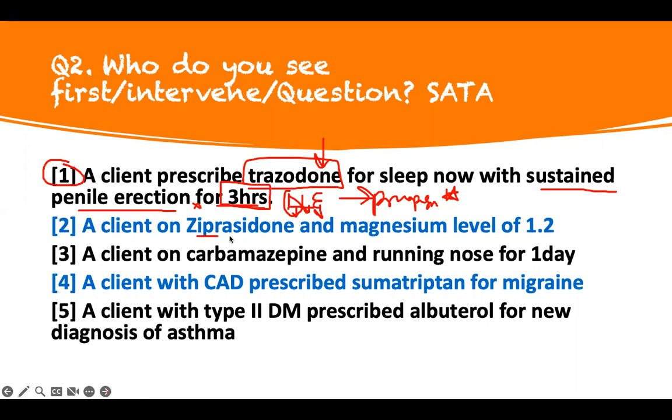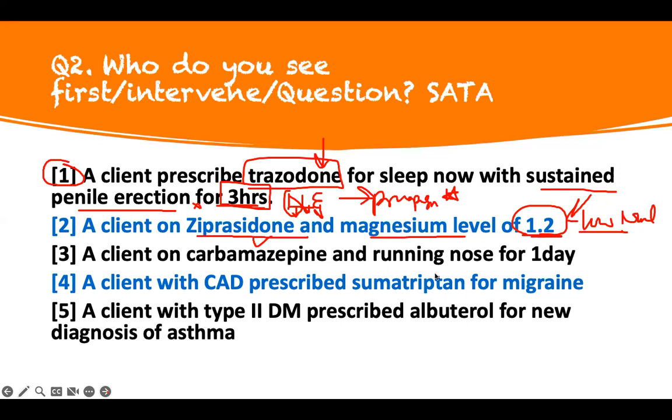A client on ziprasidone with a magnesium level of 1.2. This is low. It may be normal for some people, but this is low normal. I'm worried about it. It's too low, 1.2. I want something like 1.5, 1.7, 1.8, but it's too low for my liking for somebody who is on ziprasidone.